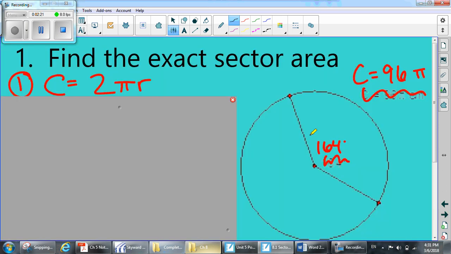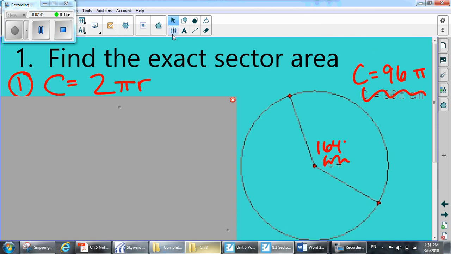So if we were trying to find the exact sector area, I just rewrote those measurements because they were hard to see. Start by finding the radius, because they gave us the circumference. We use C equals 2 pi r.